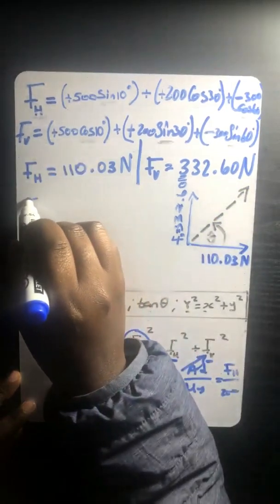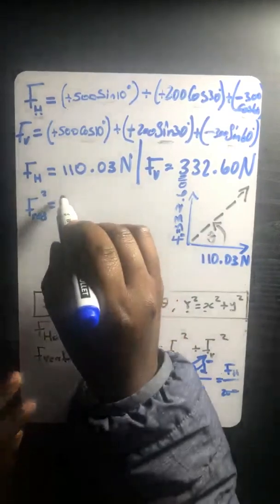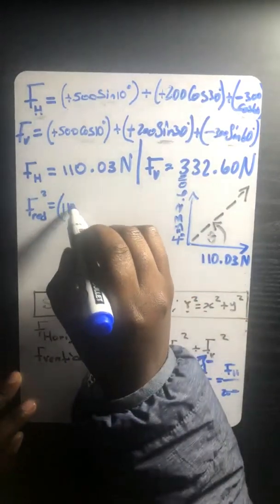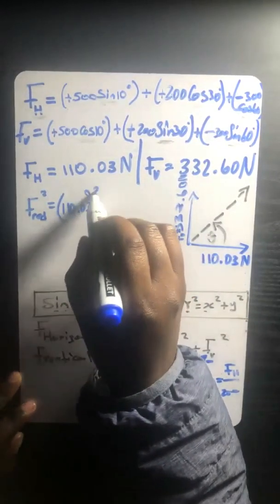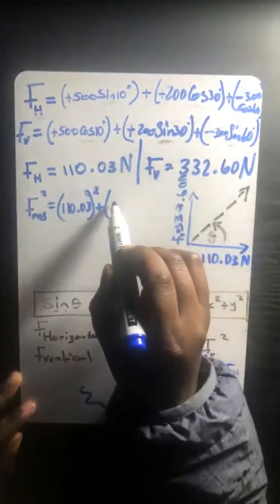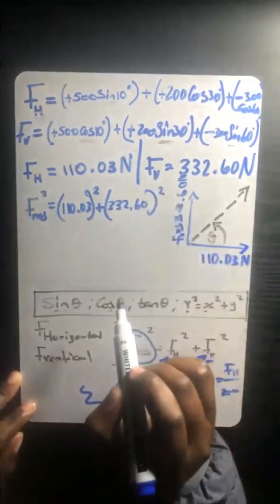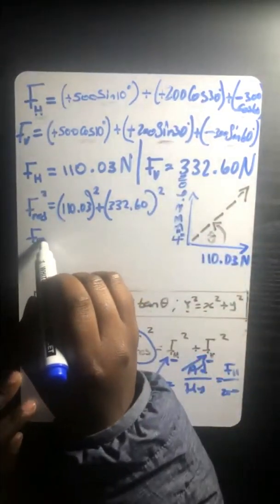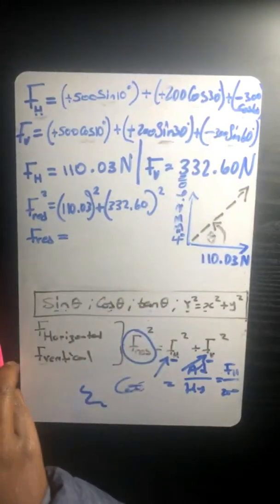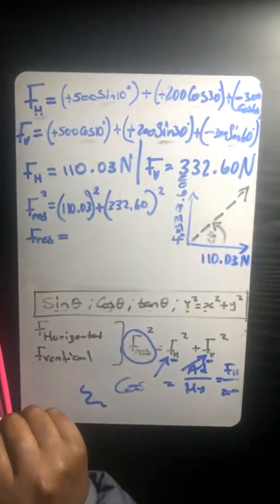So that means force resultant squared is equal to, what is the horizontal force? You guys said it is 110,03. You close, you square, plus what is the vertical one? You guys said it is 332,60 squared. So what is the force resultant, guys? But just make sure that it makes sense in terms of what we are doing over there.